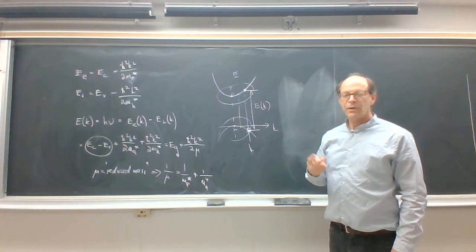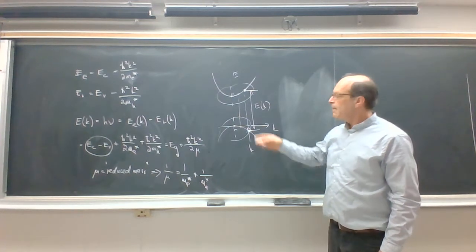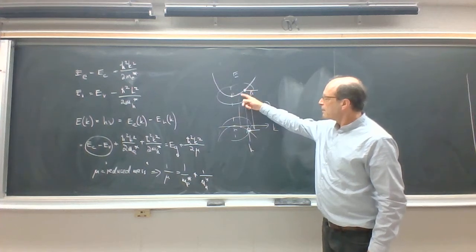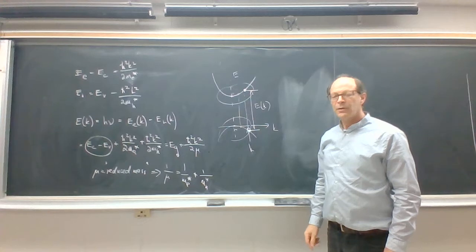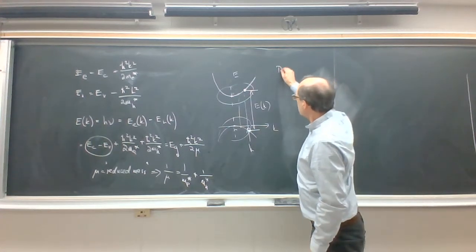So there's two things we need to know for the probability of all these different transitions taking place. One is we need to look at the density of states.